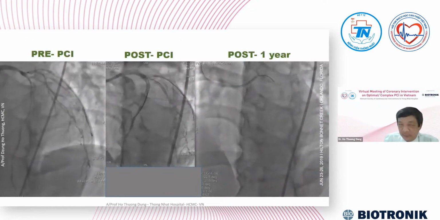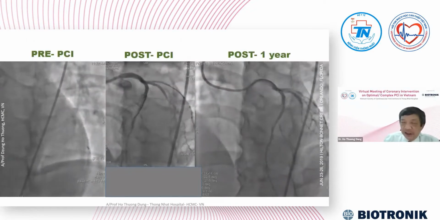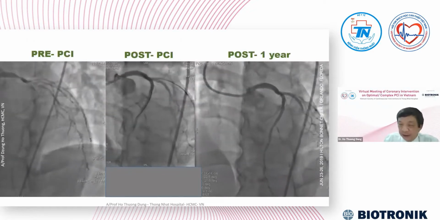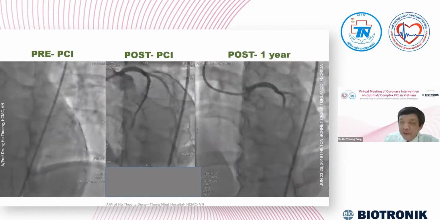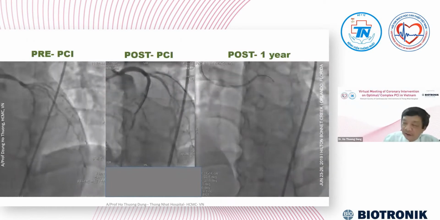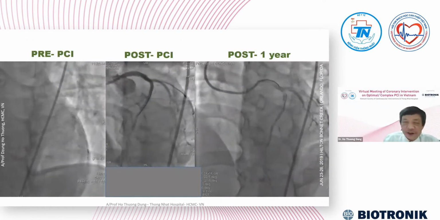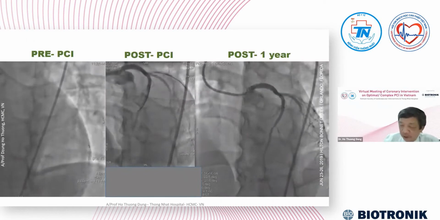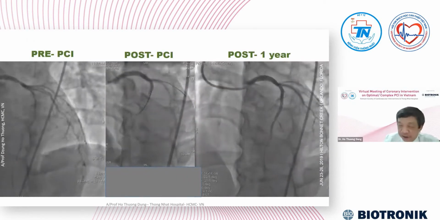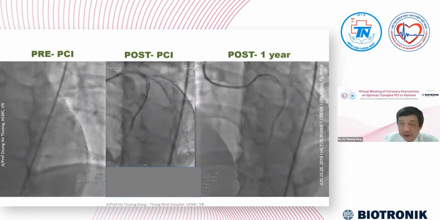In this case, with the position in the distal left main, and in the setting of acute coronary syndrome, can we use a no-stent or stentless strategy? I'm not confident to use the no-stent strategy in this situation.